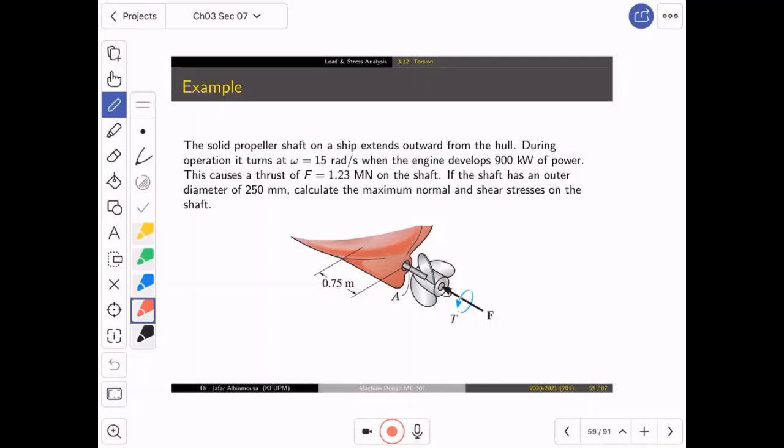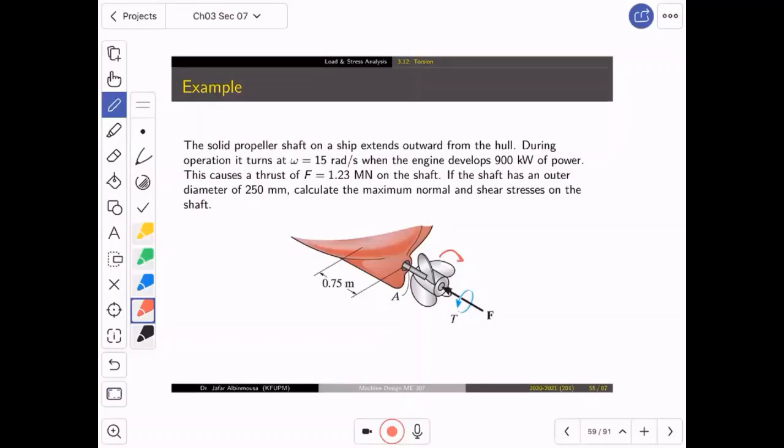The thrust happens from the Bernoulli relation: when the propeller rotates, it disturbs the water around it, making a lower pressure. The volume of the ocean will push against that void which has a lower pressure, thus generating a push, a force. This force is measured in 1.23 mega Newton.